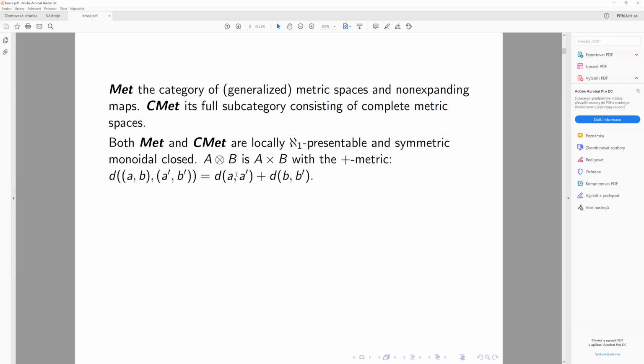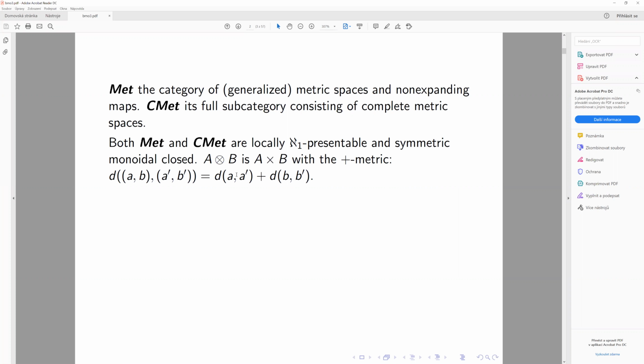Lambda-presentable objects are objects having cardinality smaller than lambda, which is uncountable. In metric spaces and complete metric spaces, one doesn't count cardinals as in sets, but uses density characters, which is the smallest cardinality of dense subsets.